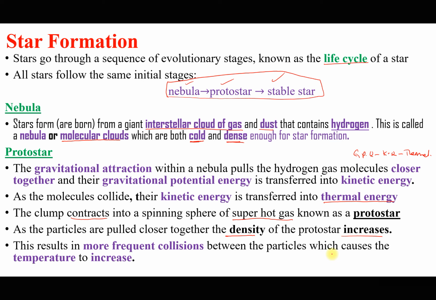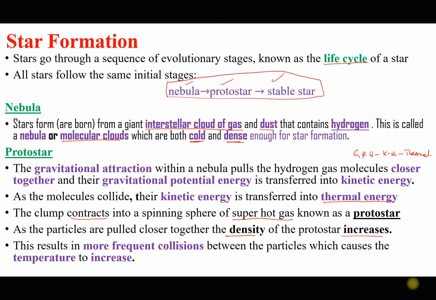So as the protostar is being formed, the particles are colliding and their kinetic energy is changing into thermal energy, resulting in a super hot dense ball or spinning sphere of super hot gas, which we are calling a protostar. And as more frequent collisions occur, the temperature of the protostar continues to increase, and therefore the next stage of star formation now comes in.